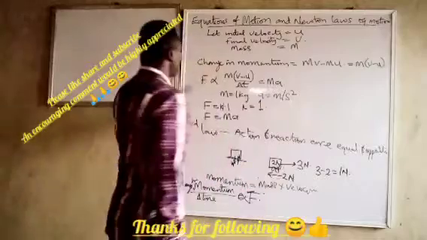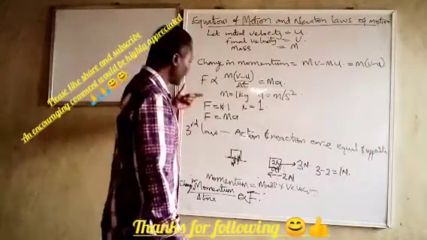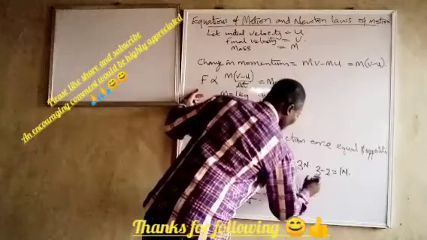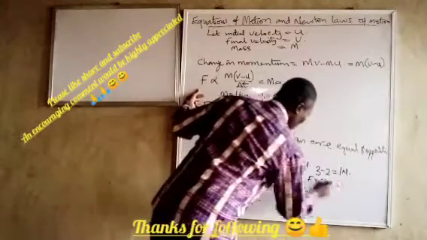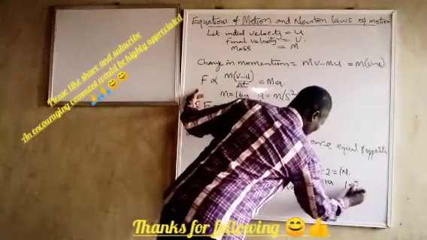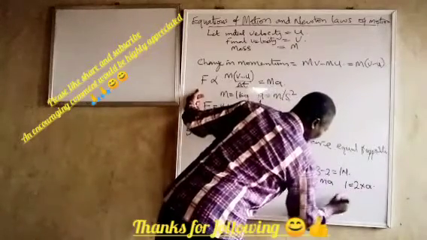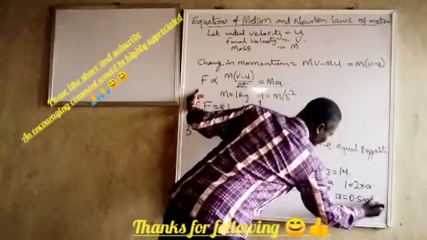This 1 Newton will now come to the second law. When you get to the second law, F equals ma. Therefore, 1 Newton will be equal to the mass 2 times a. a will be equal to 0.5 meters per second square.